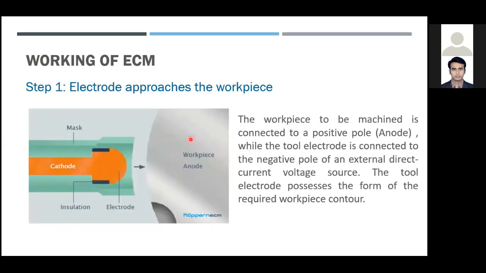At the first step, here this is the workpiece, which is the anode, and this is the tool, which acts as a cathode. The workpiece to be machined is connected to the positive pole, and the tool is connected to the negative pole. And there is some electrolyte flow, which connects the workpiece and the cathode.